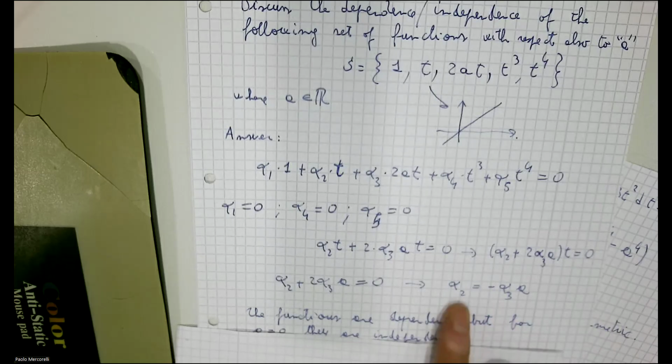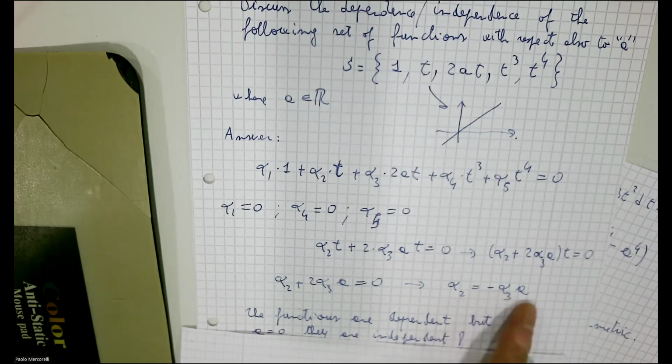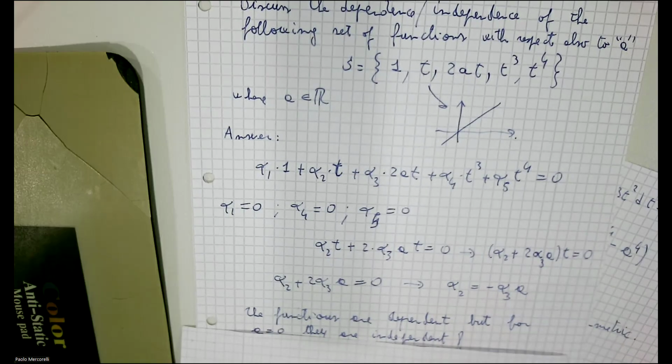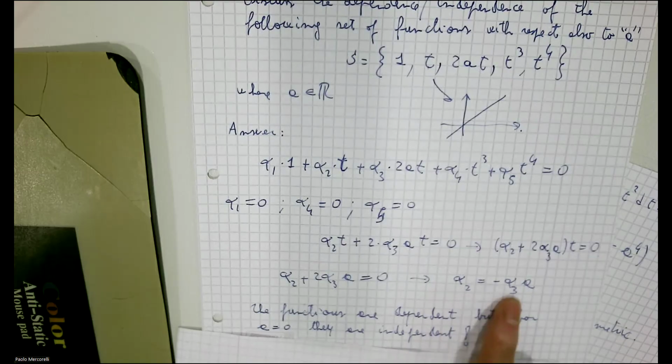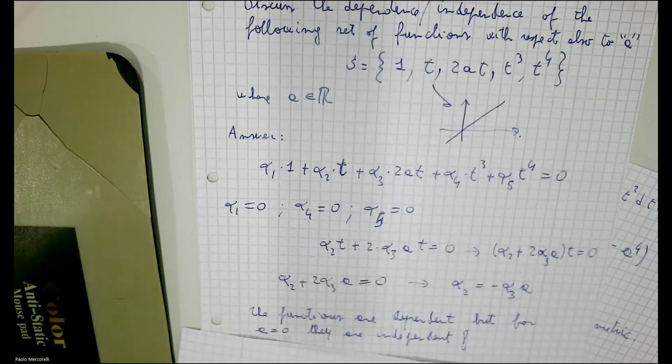It's enough to say alpha 2 equals minus alpha 3 multiplied by a. If a is not zero, we have the dependence. Now, if a equals zero, we have alpha 2 equals zero, but for each alpha 3, again we have the dependence because alpha 3 must not necessarily be zero, since it's for each alpha 3. I don't know if this is clear.